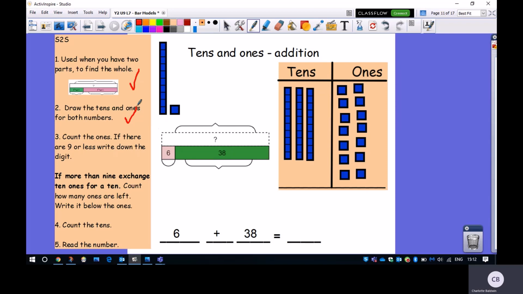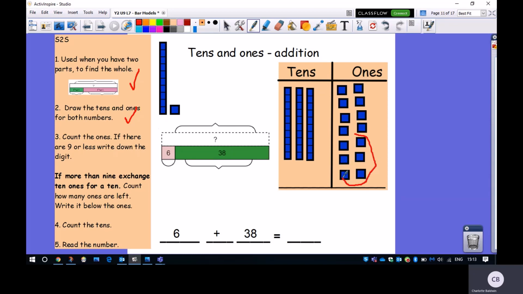Yeah, I need to see how many ones I've got in total. 1, 2, 3, 4, 5, 6, 7, 8, 9, 10, 11, 12, 13, 14. 14 ones. But it says here, if it's more than 9, I have to change 10 of those ones for a 10. So 14 is definitely more than 9, so I need to count 10. 1, 2, 3, 4, 5, 6, 7, 8, 9, 10.